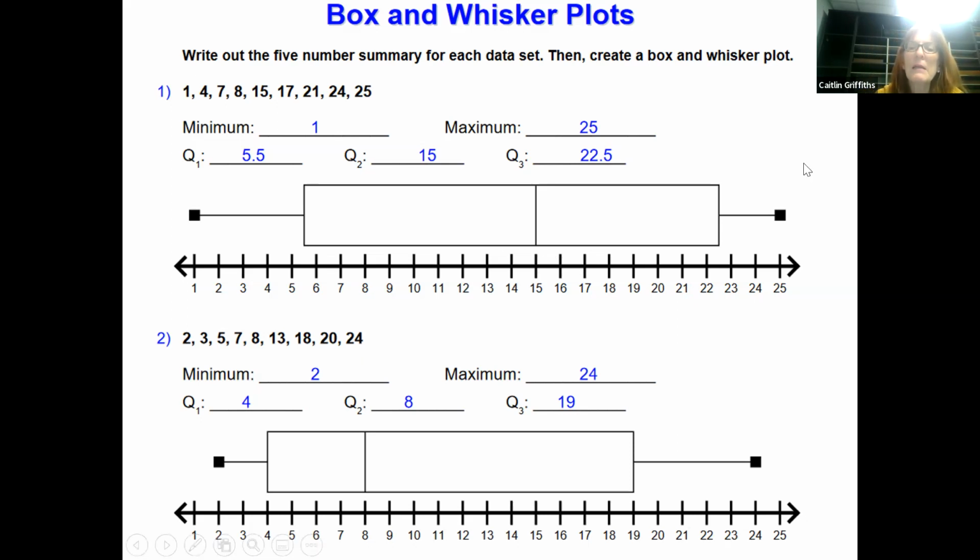You find the median of the lower numbers, and that is 5.5. And then you find the median of the upper numbers, which is 22.5. With those 5 numbers, you create a number line.